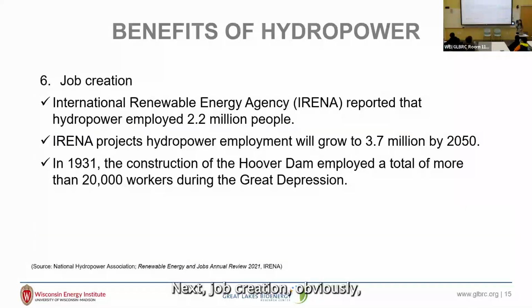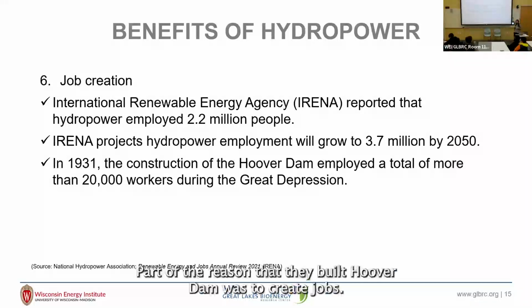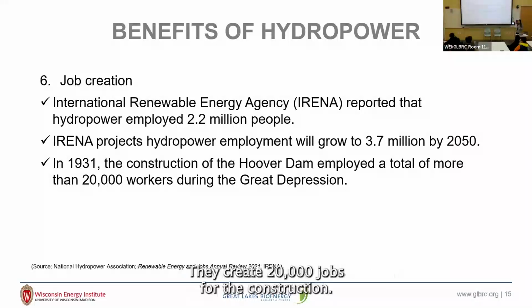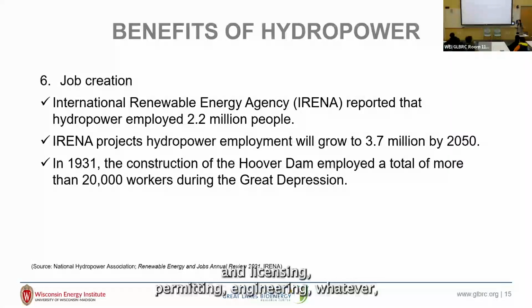Next, job creation, obviously. If some of you have read history about the Great Depression, part of the reason they built Hoover Dam was to create jobs. They created 20,000 jobs for the construction. And now, with all the maintenance and operations, licensing, permitting, engineering, whatever, hydropower can employ a huge number of people.